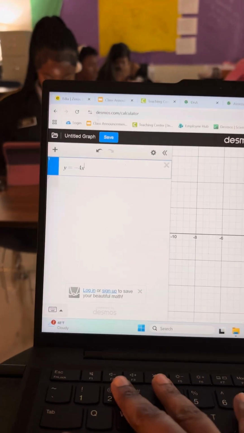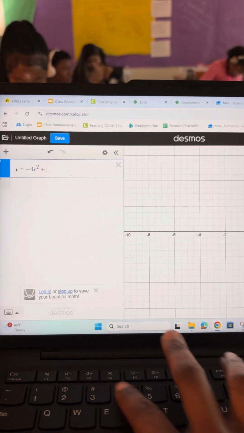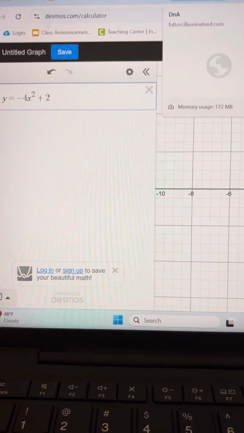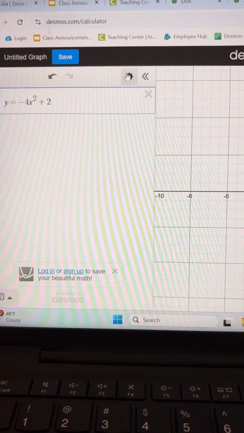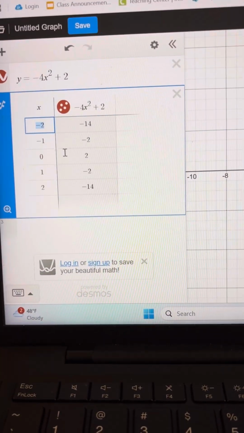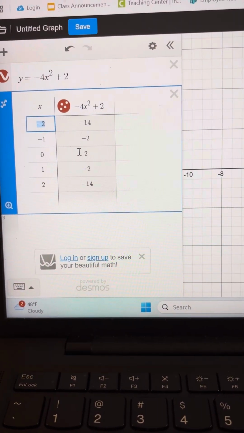Then make sure you get this little widget so that you can have the table of values. This table of values tells you what points you need to plot over in Edia.